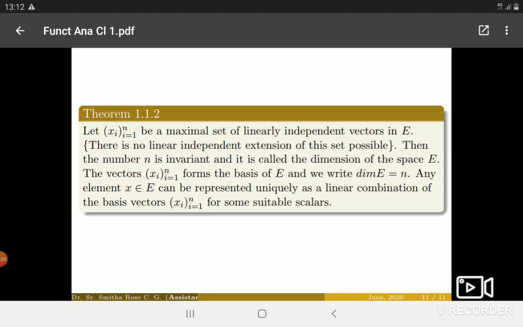So we are taking such a maximal set of linearly independent vectors in E. Then the number n is invariant and it is called the dimension of the space E. The n vectors xi form a basis of E and we write dim E is equal to n. Any element x of E can be represented uniquely as a linear combination of the basis vectors for some suitable scalars. We know this because if we have n vectors in the basis, any vector of the space can be written as a linear combination of vectors of the basis.